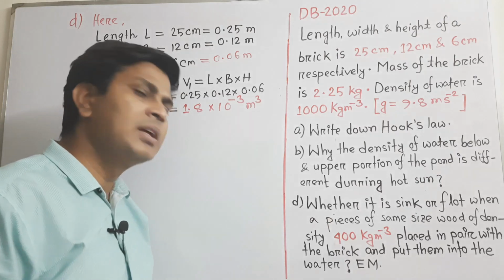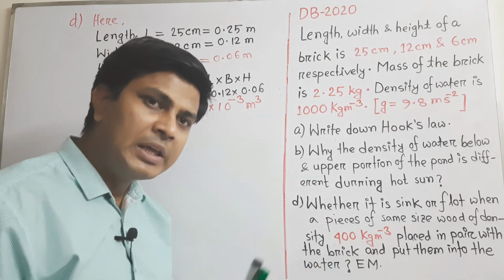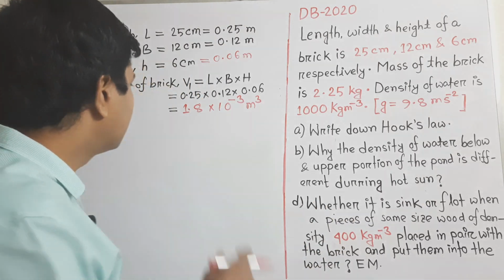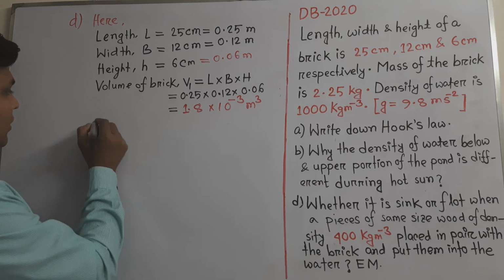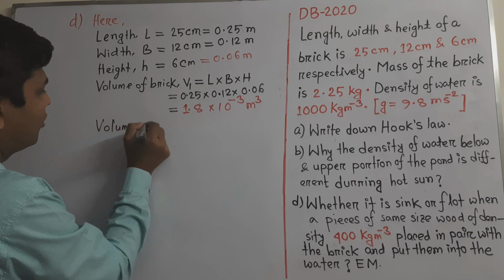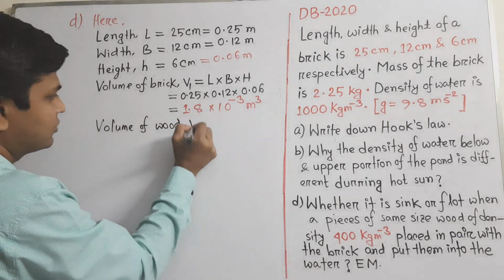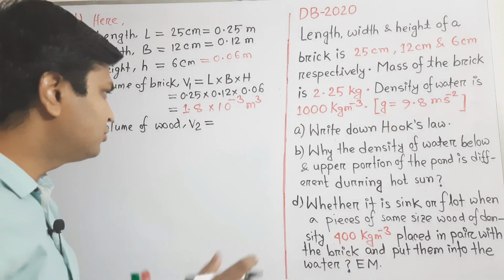But in the question they said the volume of the wood will be equal to the volume of the brick. So we can write the volume of the wood, suppose this volume is V2, and V2 will be the same as V1.